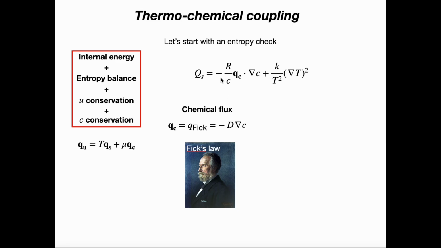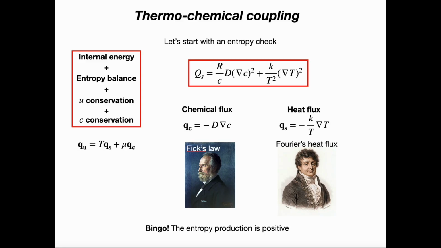Obviously the minus signs are going to cancel, and the gradient C will be made square. So we end up with R being a positive coefficient, C is a concentration, it's positive, D is a positive diffusivity coefficient, and gradient C to the power 2. So now we've derived an entropy production which is positive.